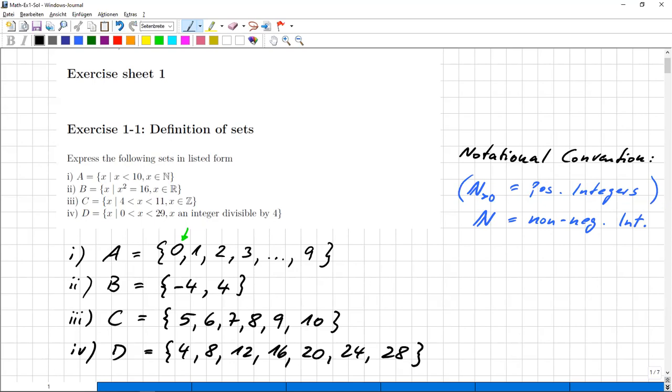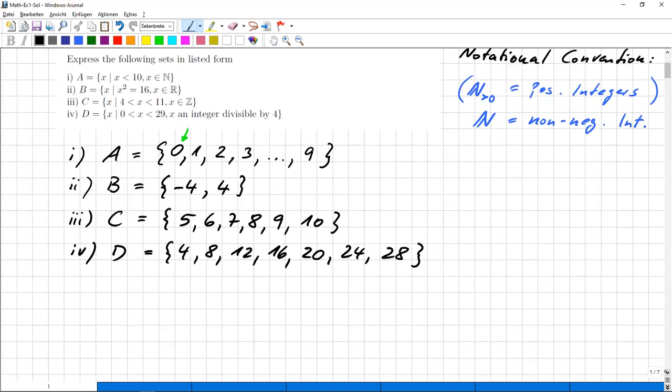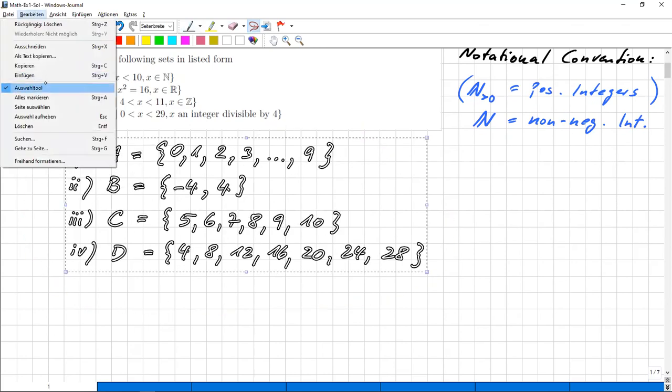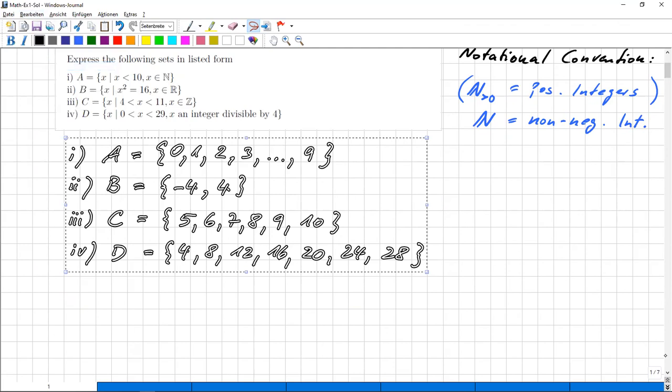So that's fine. We have 4 sets, and I would say I just copy this. I can remove this sign here. I just copy them to the next page, and then it goes on.